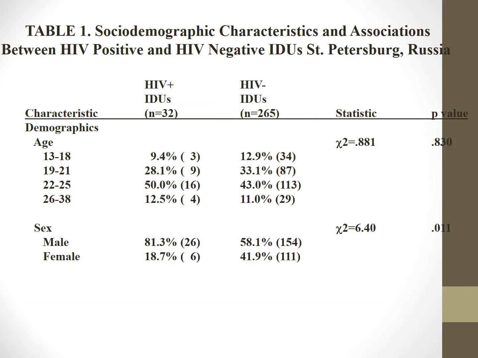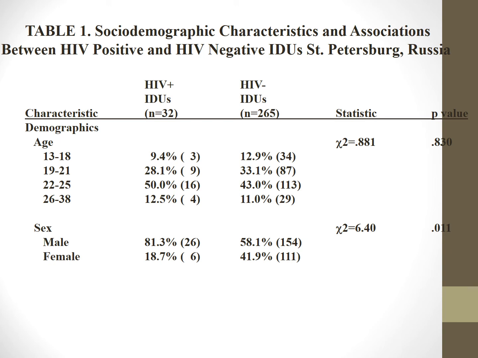Here, this is off of one of the papers I did looking at injection drug users in St. Petersburg, Russia. And I split the data by folks who indicated on a survey that they were HIV positive and those who indicated they were HIV negative. Now you can see there's far more who self-reported that they did not have HIV than those that did.